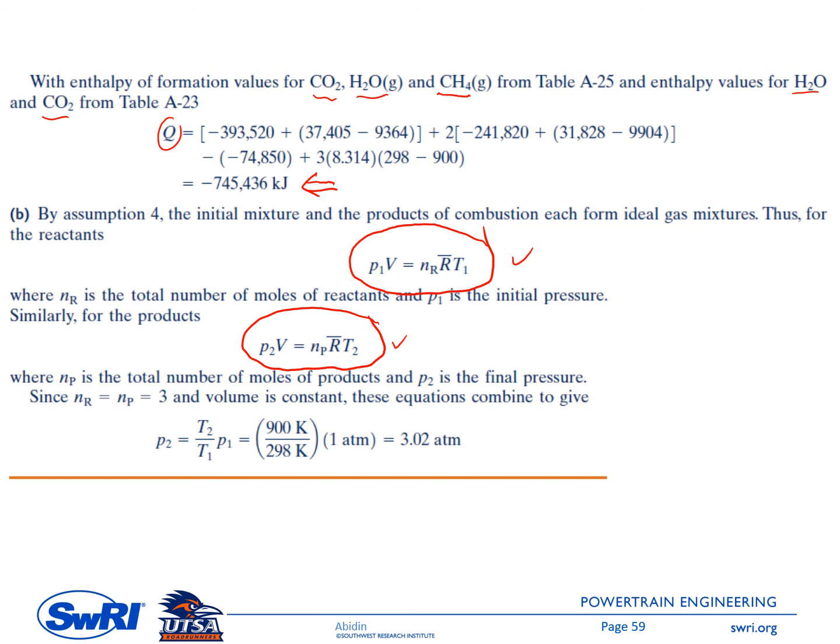And on the right side here we have N_P times R times T2. Once again, since V stays the same, from these two equations you can get this correlation that P2 equals T2 over T1 times P1. So P2 is 3.02 atmospheres.